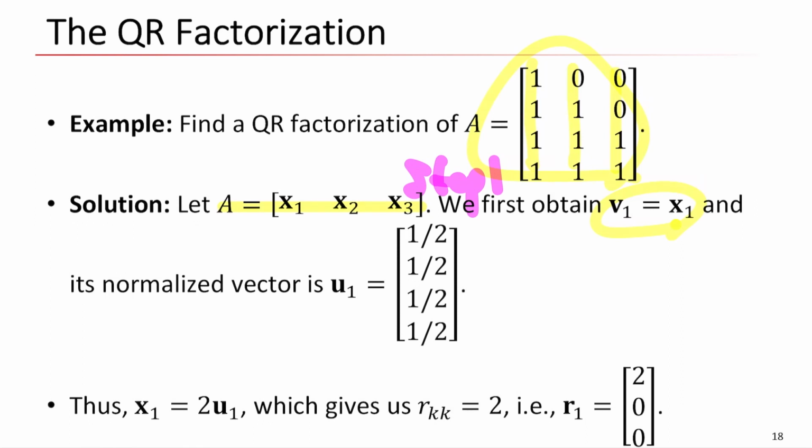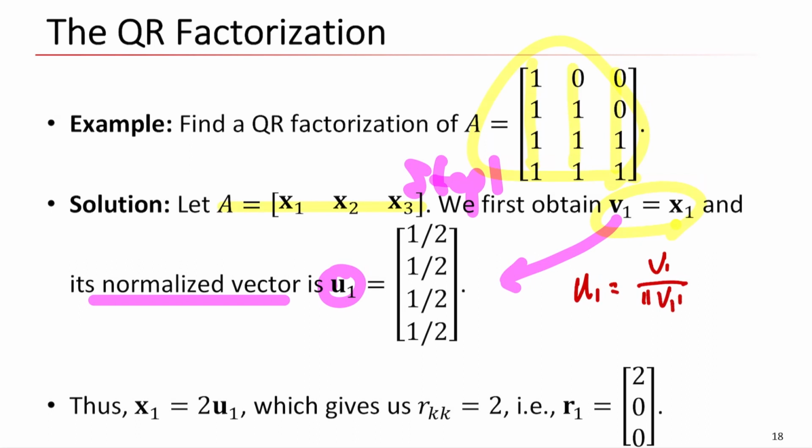Then, because we want to find the orthonormal basis, we start with the normalized vector u1 from v1. In other words, u1 is equal to v1 over the length of v1, right?